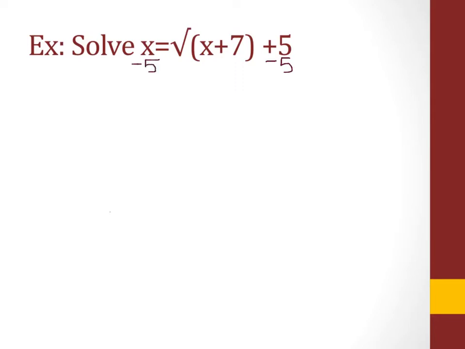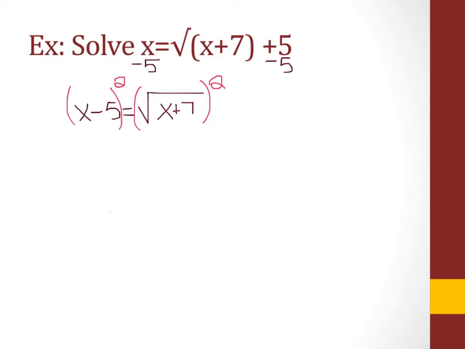That leaves us with x minus 5 equals the square root of x plus 7. Now we want to work on getting rid of that square root. To do so, we square both sides. Remember, whatever we do to one side, we really need to do to the other.